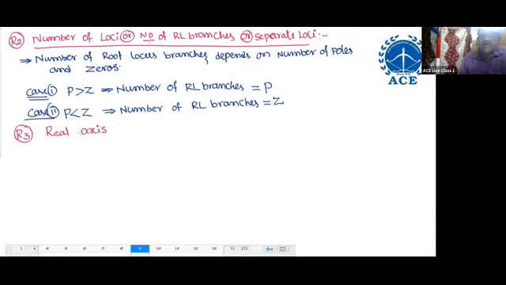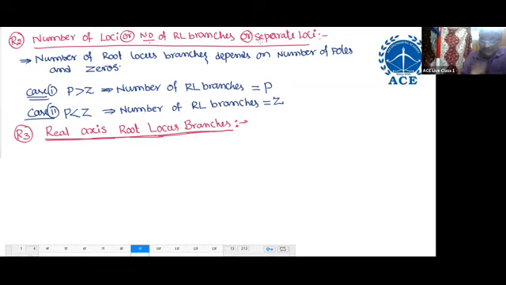You have to remember that all these rules concern real axis root locus branches.